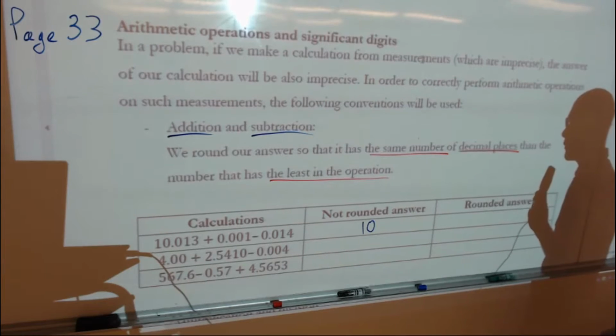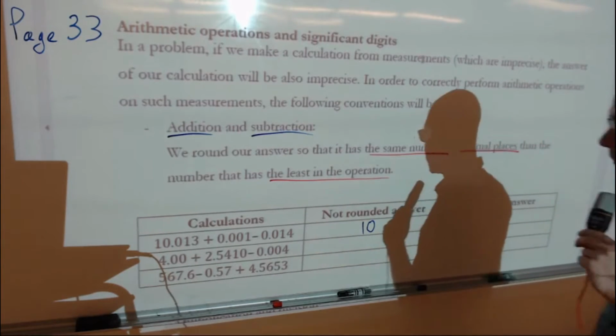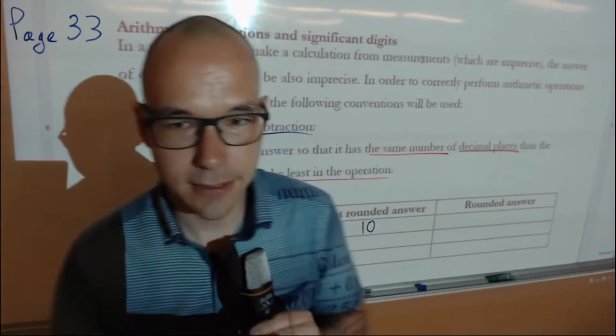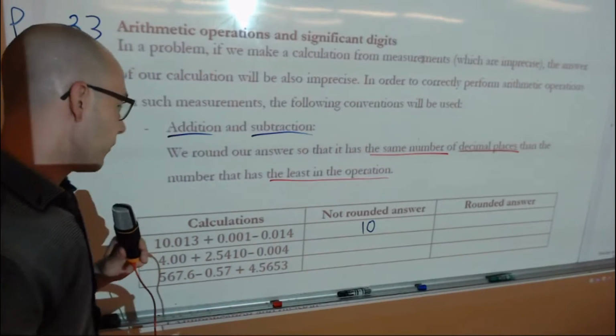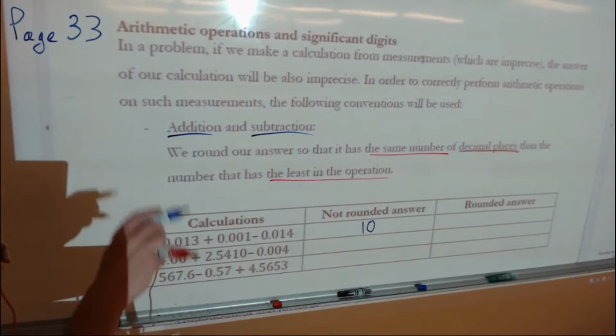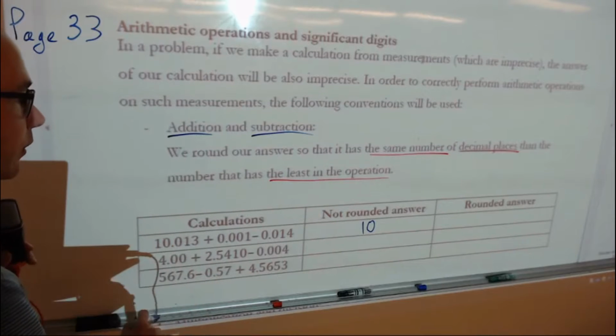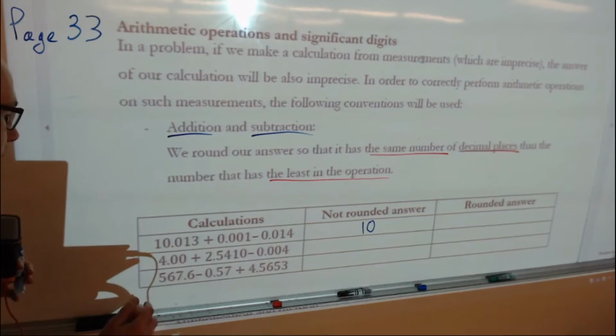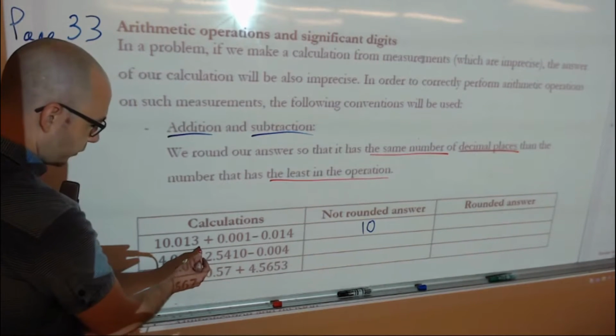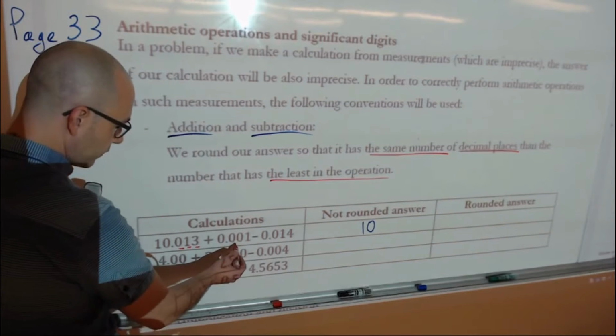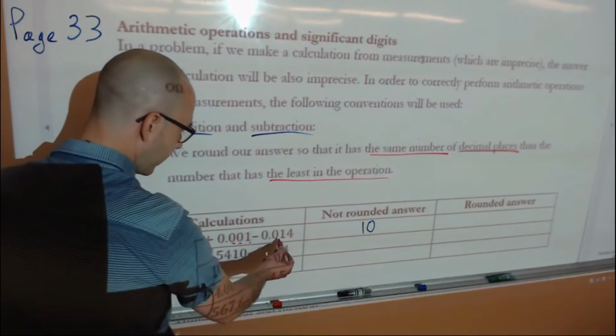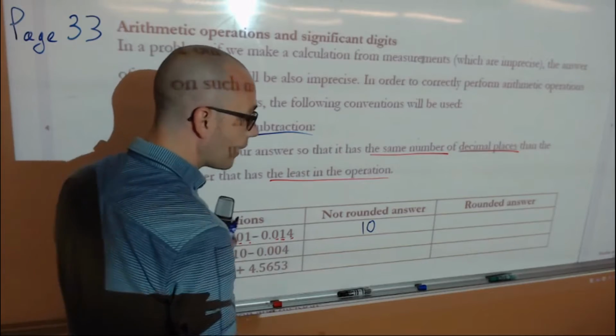You can do that on your calculator, right? The result is 10. But we have to be careful here because we have to keep the same number of decimal places as the number that has the least. This one has 1, 2, 3. This one has 1, 2, 3, and this one has 1, 2, 3. So we have to keep 3.